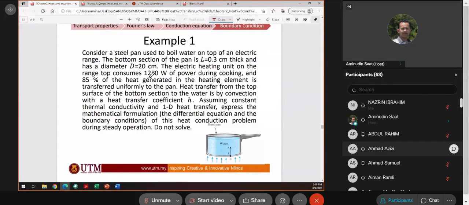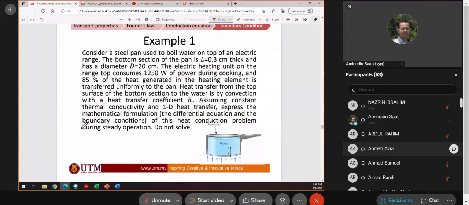This example is actually an exercise in the textbook, problem 2-40 or 2-41.